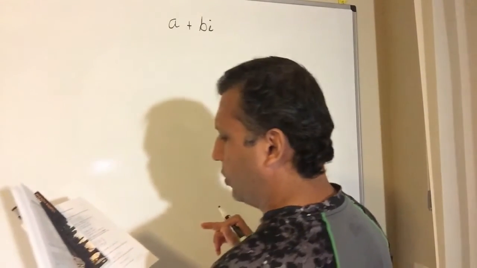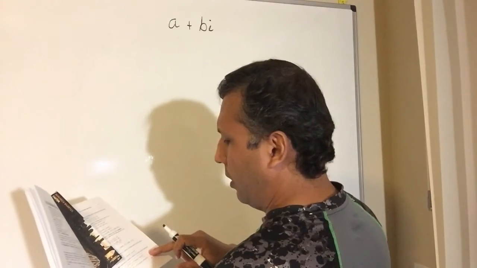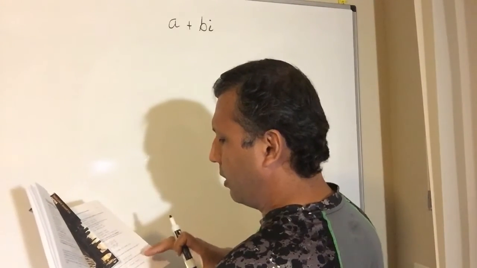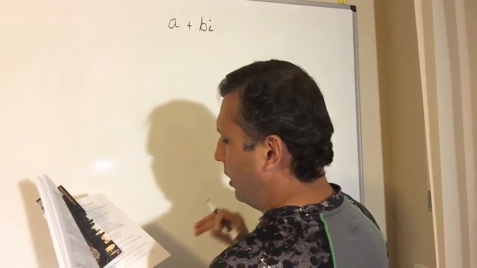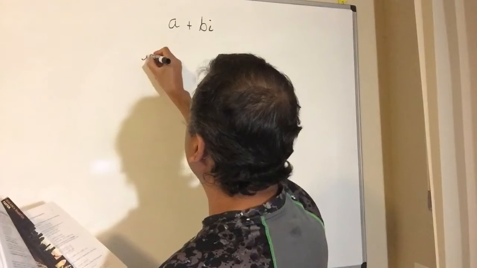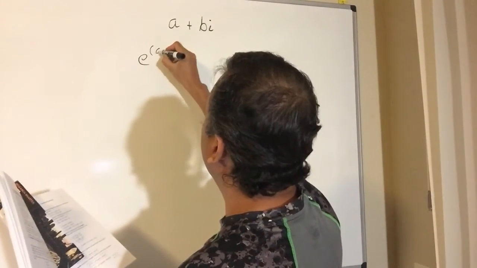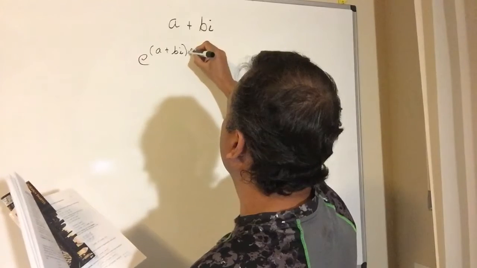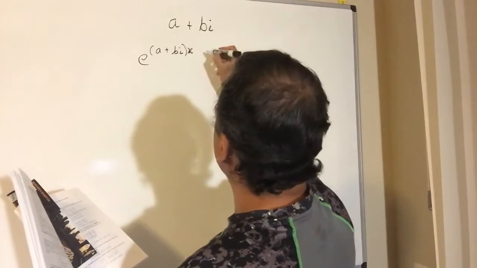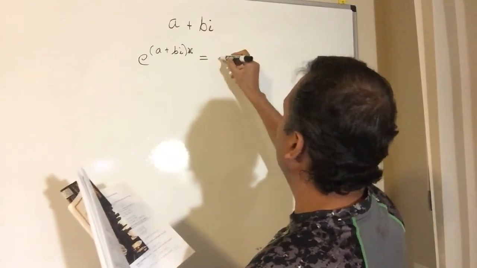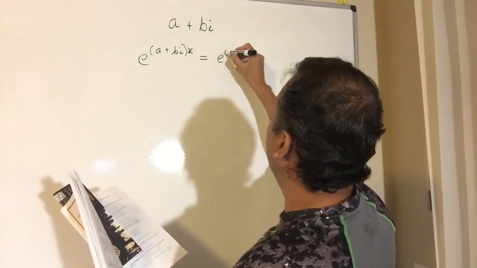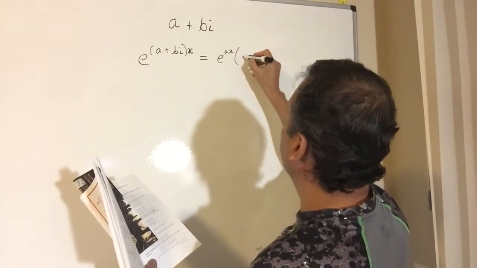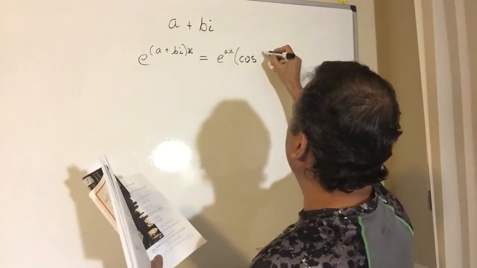The information that's in a box shows an equation that is related to the statement, Euler's formula expresses a complex number in terms of an exponential function, and has this written: e to a plus bi, multiplied by x, equals e to ax, multiplied by cos bx.